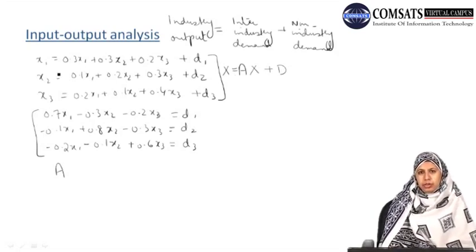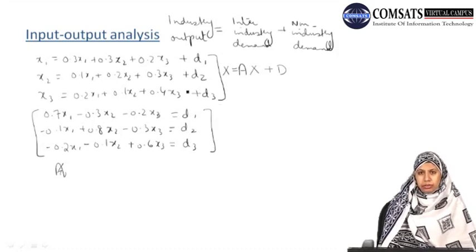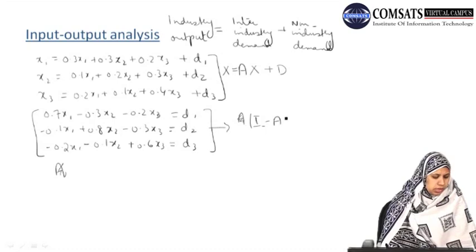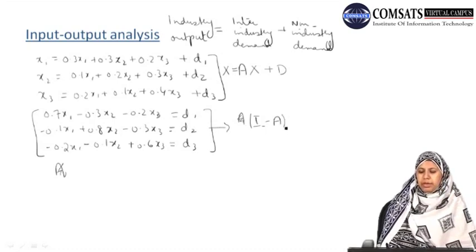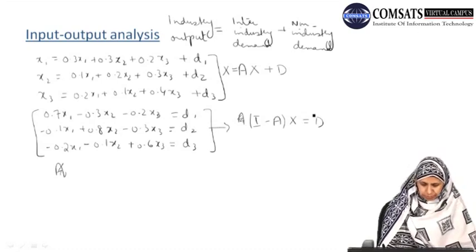In our second set of simultaneous equations, we have simplified it and obtained I minus A multiplied by the matrix X is equal to our non-industry demand matrix D.